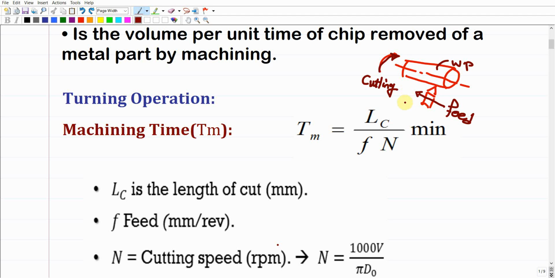And some of the things that you should understand about the machines that you use for performing these machining operations: the key idea is that the cutting motion and the feed motion all the time are related. So what does it mean, related?